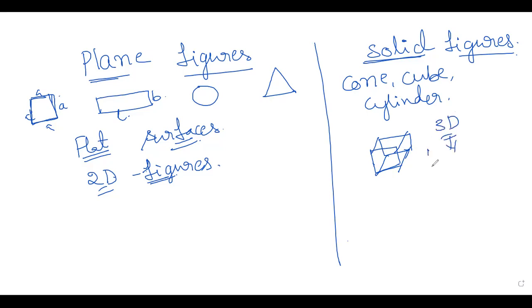So what can you measure here? You can measure the length of the room, breadth of the room, and also the height of the room. Okay, children. So plane figures are 2D figures and solid figures are 3D figures. We can measure only length and breadth in plane figures, and in solid figures we can measure height also.